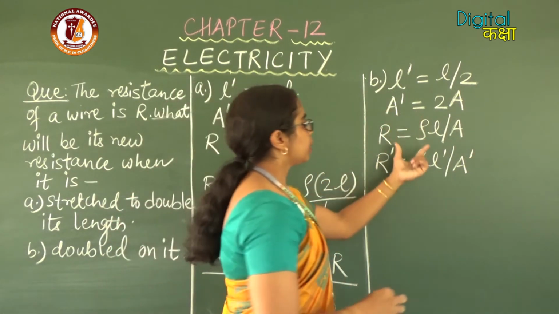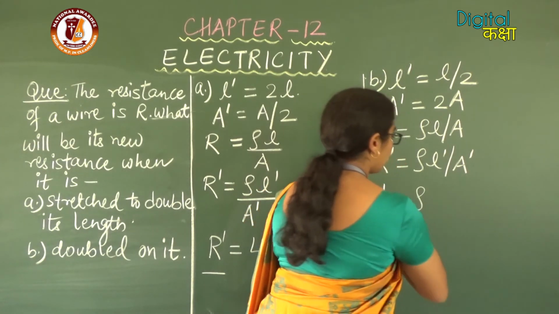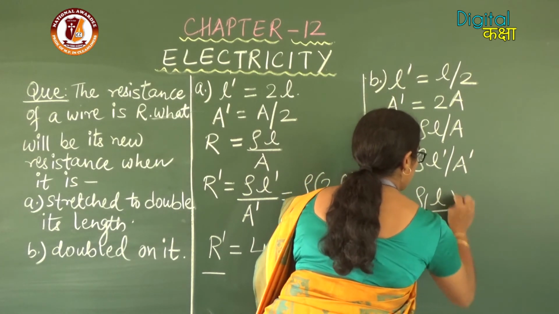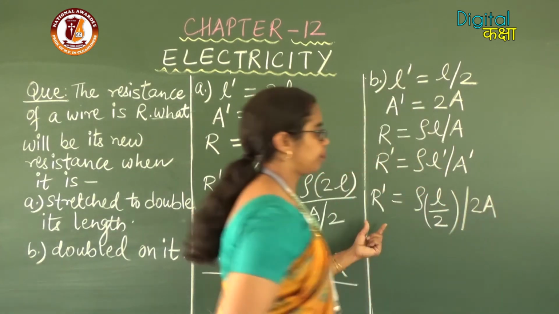Let us substitute these values here. So, R dash will be equal to rho as it is, in place of L dash, L by 2, upon 2A.